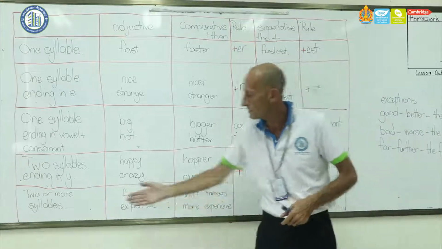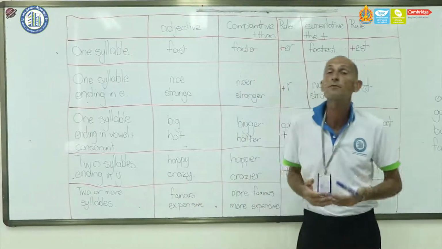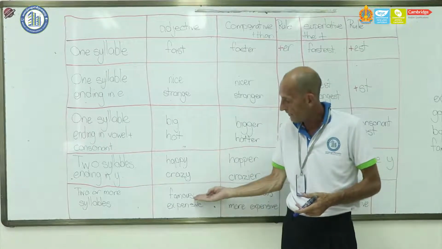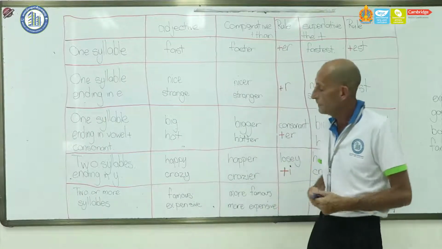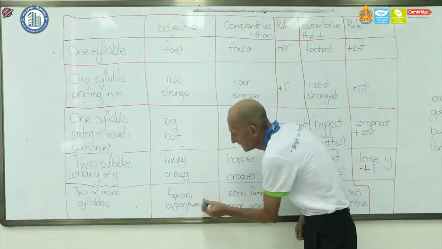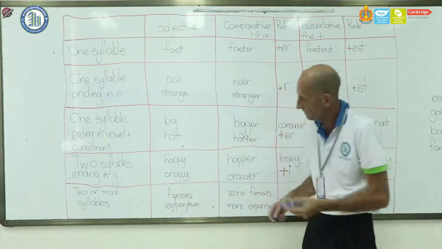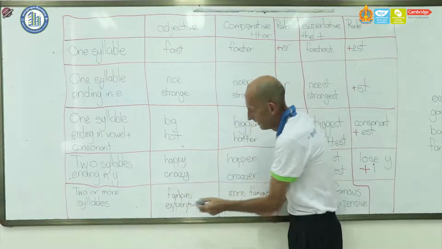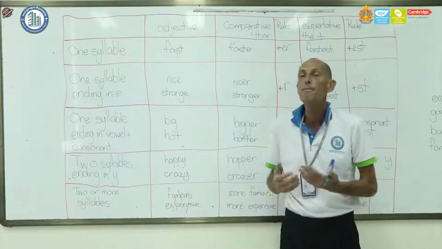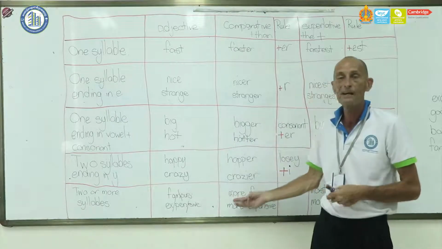Two or more syllables. So when words have got two or more syllables, like for example, famous and expensive. Now expensive is 3 syllables. Famous is 2. So when they're 2 or more syllables, we put the word more in front.